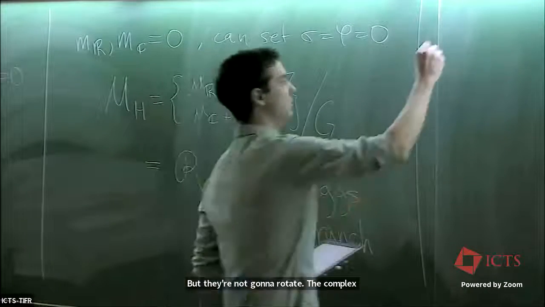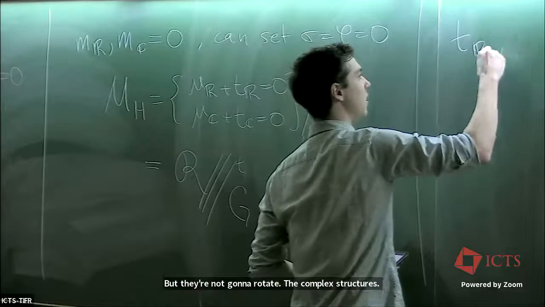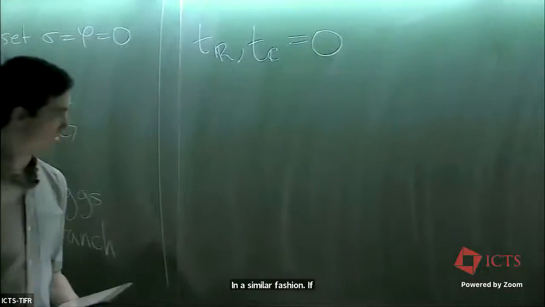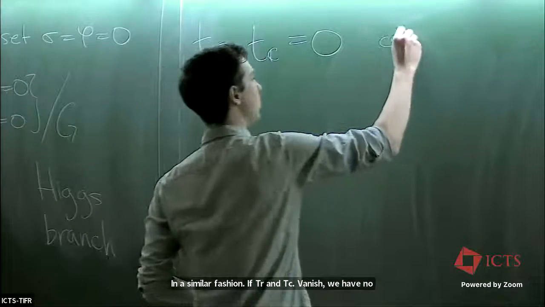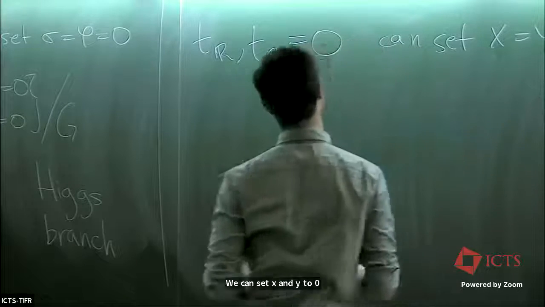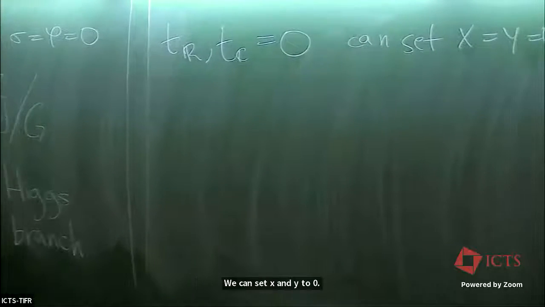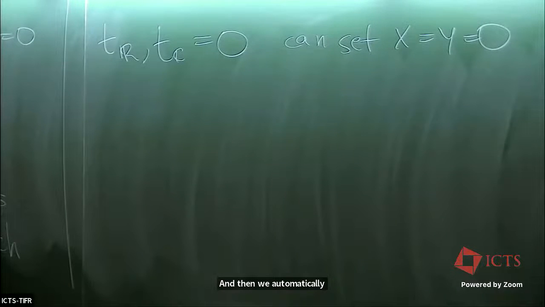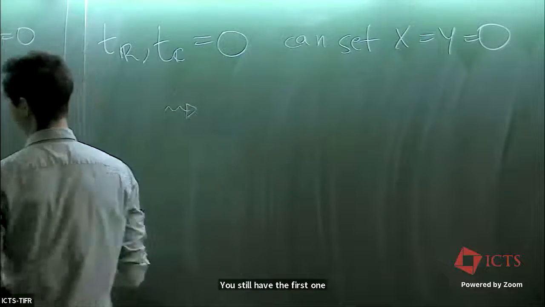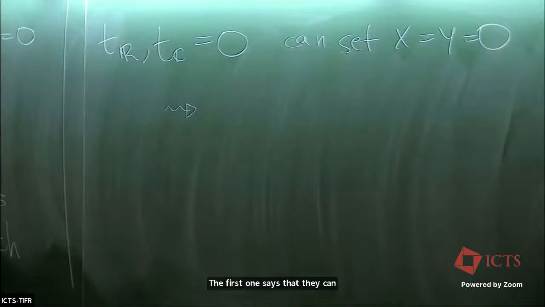In a similar fashion, if T_R and T_C vanish, we have no FI parameters. We can set X and Y to 0. And then we automatically satisfy the bottom sets of equations. We still have the first one. The first one says that they can all be rotated into the same torus, Cartan subalgebra.